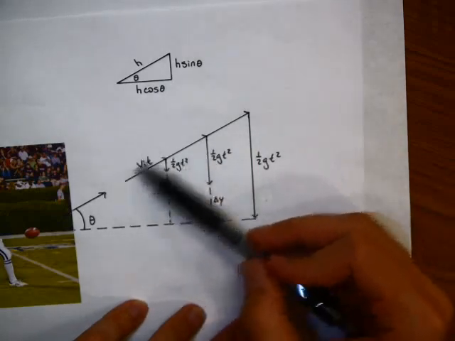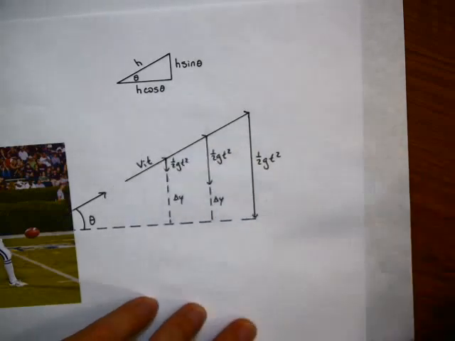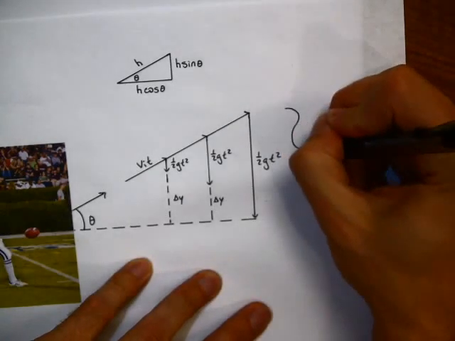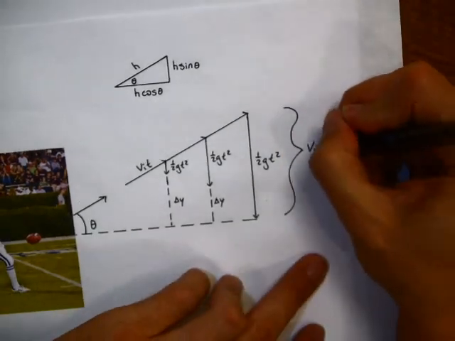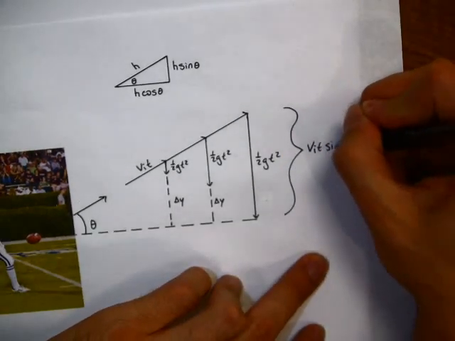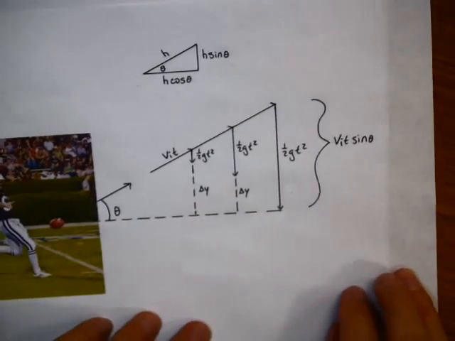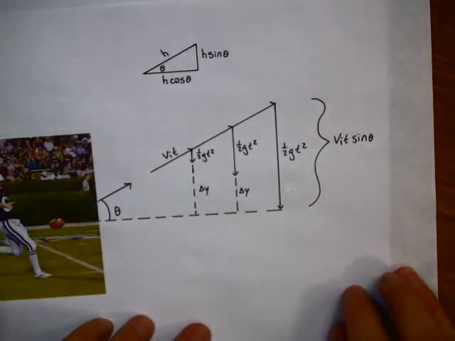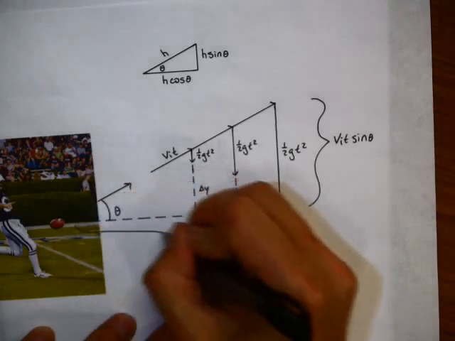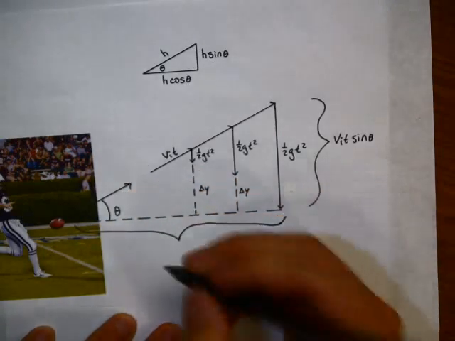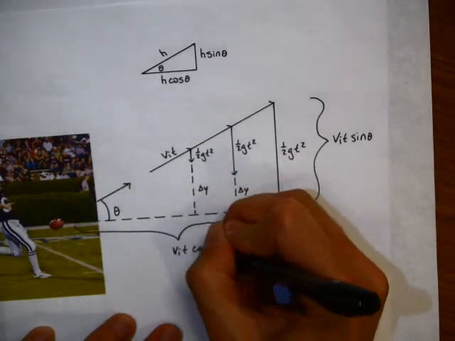This is a distance, a displacement, VIt. That means that this side of the triangle must be VIt sine theta. And this side of the triangle must be VIt cosine theta.